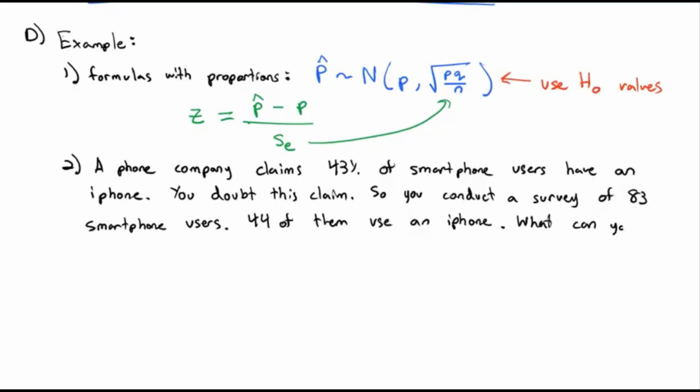What can you conclude if alpha equals 0.05? In other words, we're going to believe the claim of 43% until the probability dips below 5% that that claim is actually true.